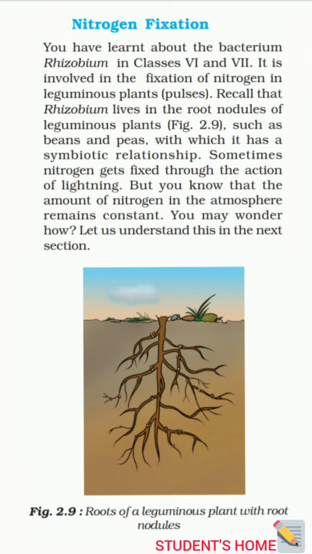Recall that rhizobium lives in the root nodules of leguminous plants such as beans and peas, with which it has a symbiotic relationship. Sometimes nitrogen gets fixed through the action of lightning. But do you know that the amount of nitrogen in the atmosphere remains constant? You may wonder how. Let us understand this in the next section.